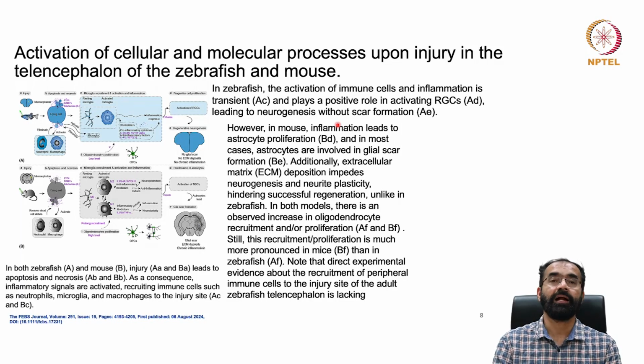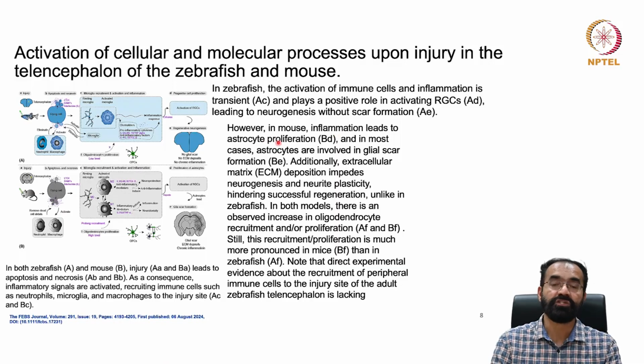In the same way, cells are attached to the ECM. They want to hold on to the ECM. But the production of ECM becomes so high that it will automatically lead to a condition called fibrosis, and a scar will be formed. Regenerating without scar formation is the beauty of regeneration in zebrafish. However, in mouse, let us see what happens.